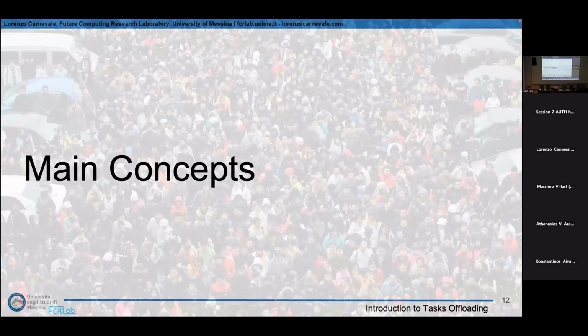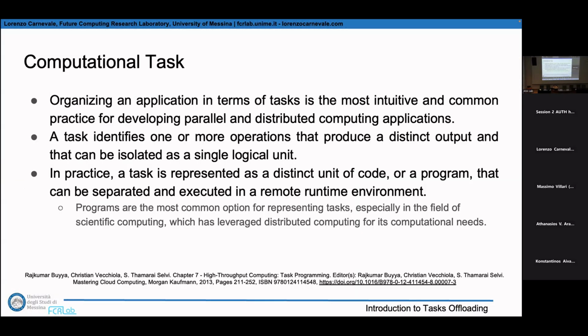Let me now focus on the main concepts, and mostly on the discussion and comparison between the computational task and the task offloading. Because generally speaking, we are used to building a computational task.